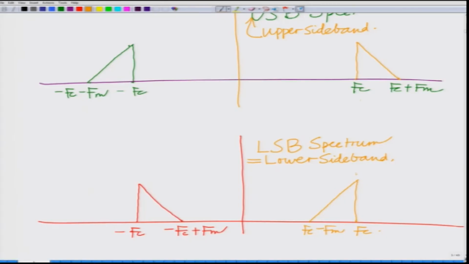And now you can clearly see that both USB and LSB, if you look at the passband bandwidth, the USB passband bandwidth is from FC to FC plus FM, which means this scheme has a passband bandwidth of FM.